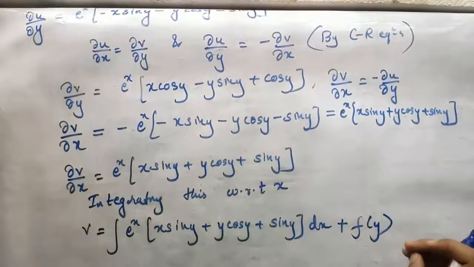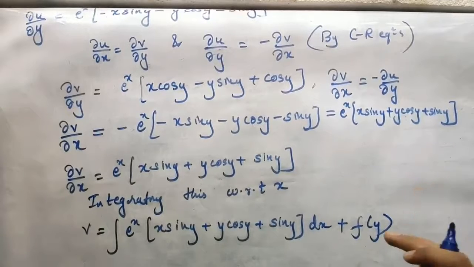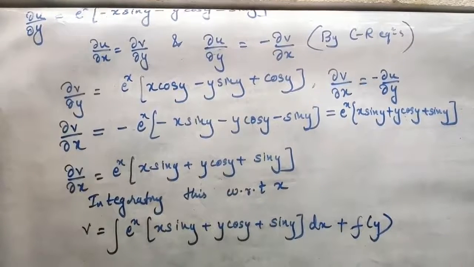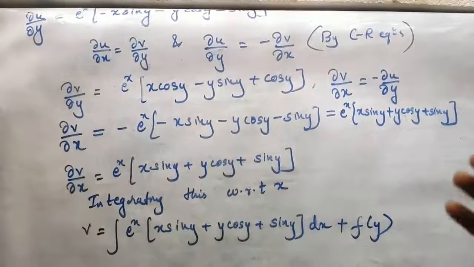Any term in terms of y independent of x, you directly considered its derivative to be 0 while differentiating. If a term depends only on y, its partial derivative with respect to x is 0. So to account for those missing terms of y, instead of an arbitrary constant, we associate a function of y as constant.